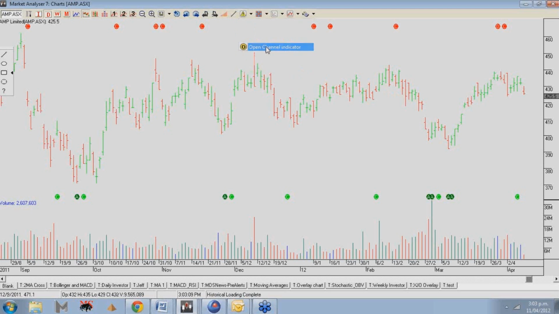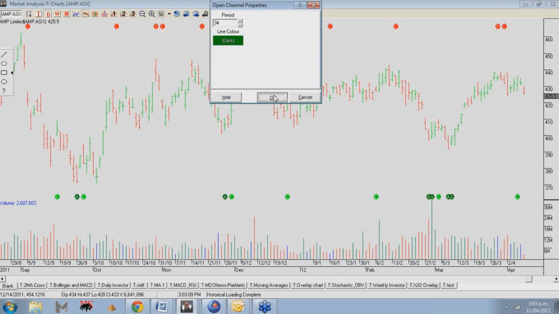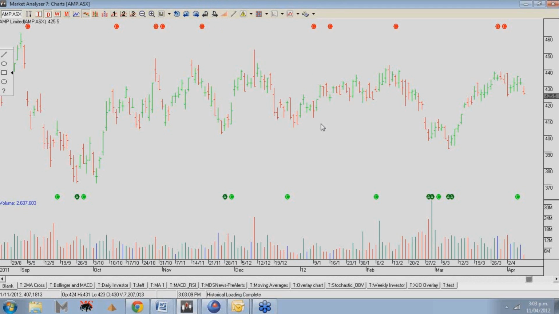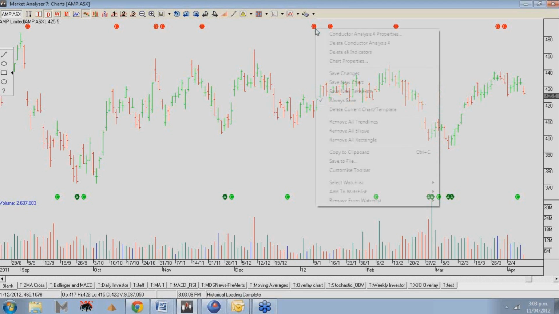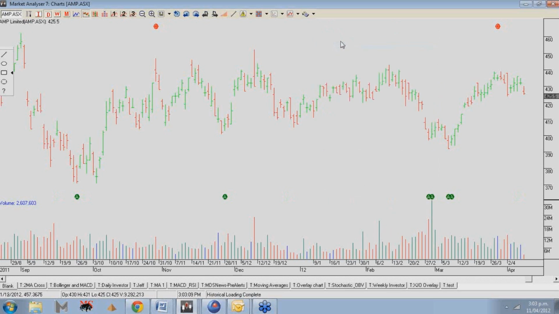The open channel indicator will identify where there is an open channel. Now I'll just remove some of these, go to the conductor, and let's see if we've got an example in here.